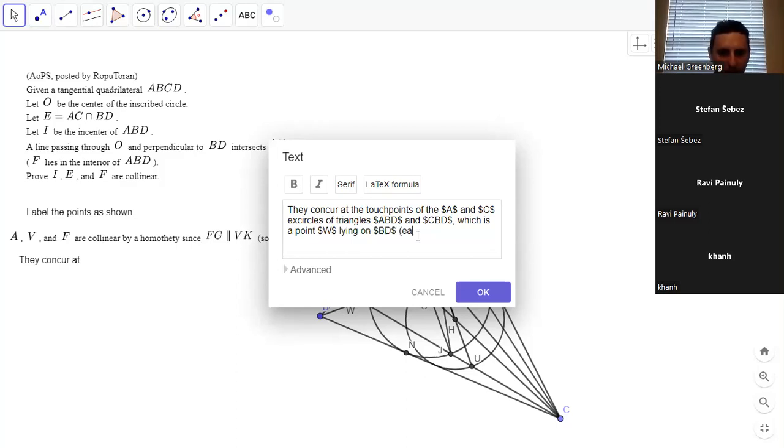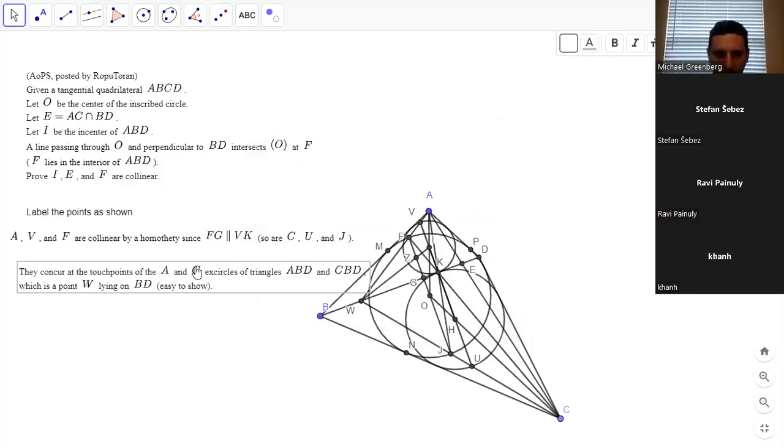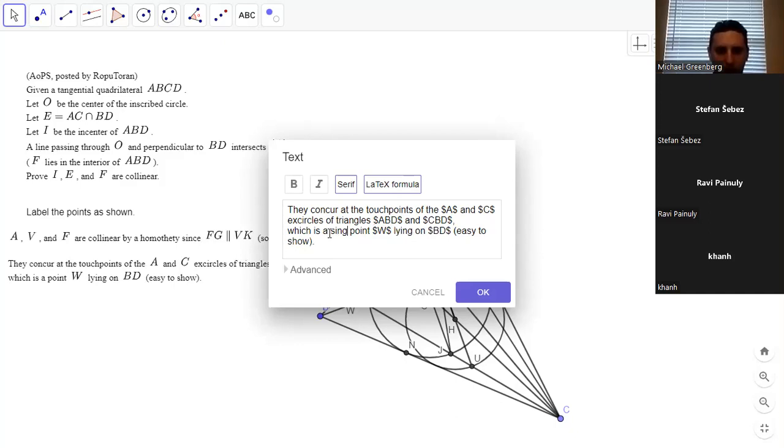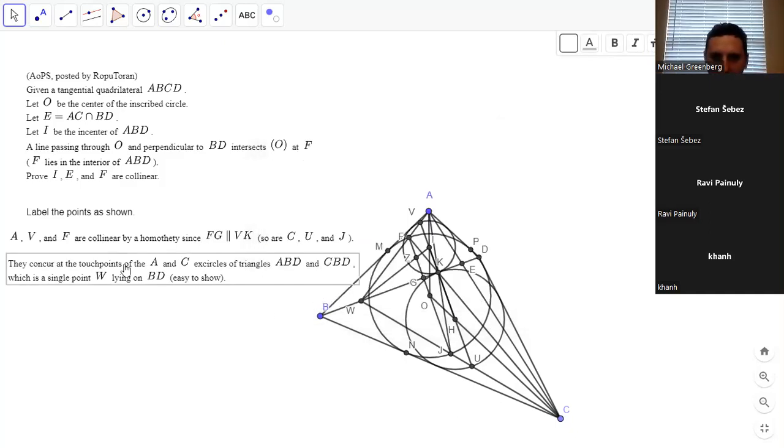That's easy to show. And then once you know that, since CF, AJ, and WE concur, A, K, J and C, K, F are also collinear by homothety.